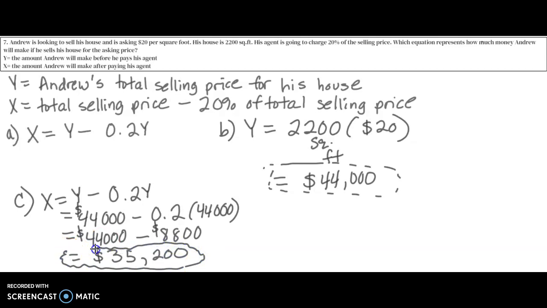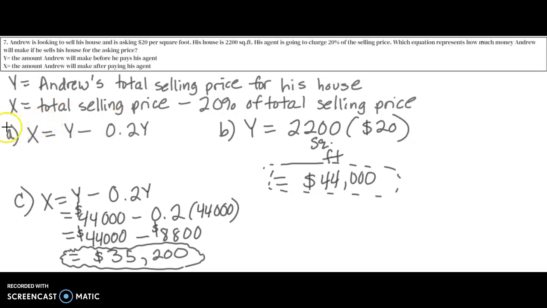Now, of course, I went above and beyond what the question asks, because the question asks you which equation represents how much money Andrew will make if he sells his house for the asking price. Again, the question is, which equation represents how much money Andrew will make if he sells his house for the asking price?